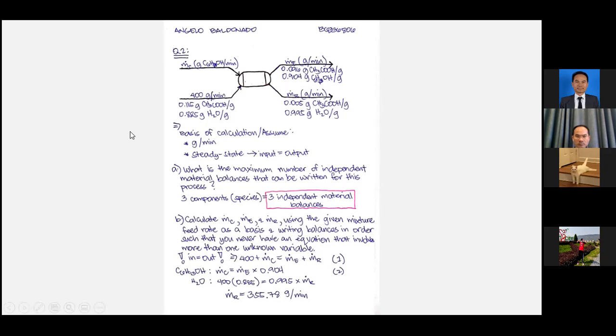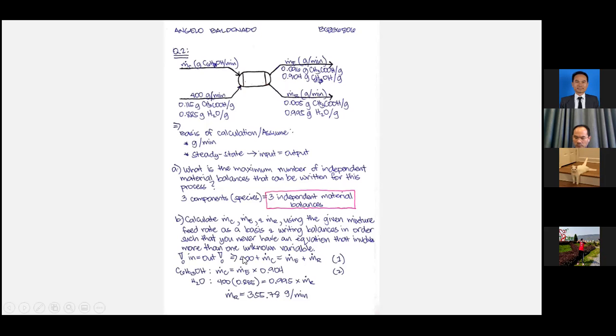And then for part B, calculate the m dot c, m dot e, and m dot r using the given mixture feed rate as a basis, and writing balances in order such that you never have an equation that involves more than one unknown variable.